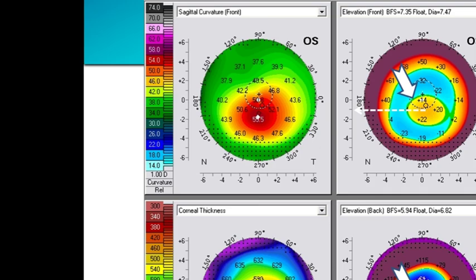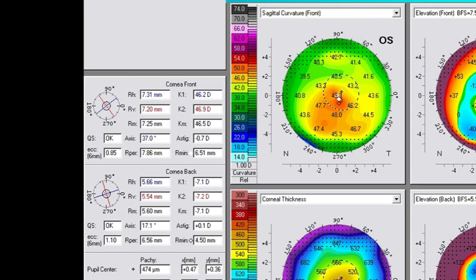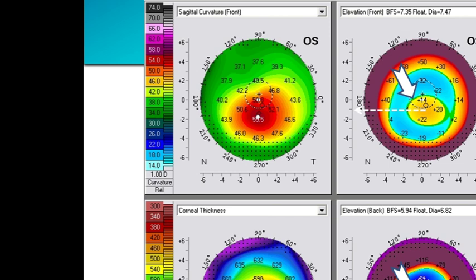Maybe we can use other options after intracorneal rings, if there is still high refraction and the corrected visual acuity is reasonable. So I implanted rings for him.